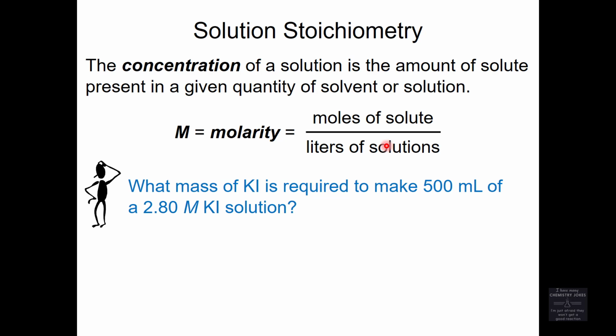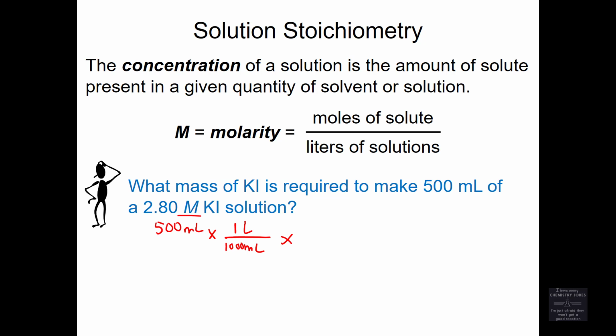What mass of KI is required to make 500 milliliters of a 2.80 molar KI solution? Well, to walk through that, we're going to do our little unit conversion. 500 milliliters. I want to get to liters first, so I'm going to put liters on top, milliliters on the bottom. It takes 1,000 of these to make one of those.